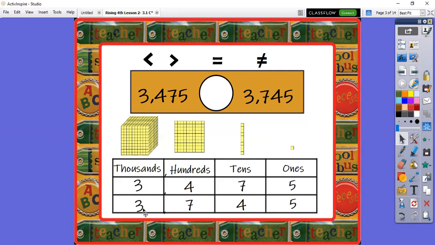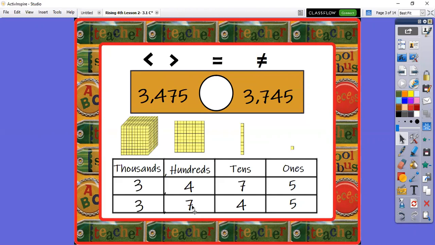That's right, I will need to go to the place with the next highest value, which is my hundreds place. So in my hundreds place, I have a 4 and I have a 7. So which one has a greater value? That's right, the 7. I have 700 in my second number. That's 300 more than I have in my first number. So based on that, I can stop.